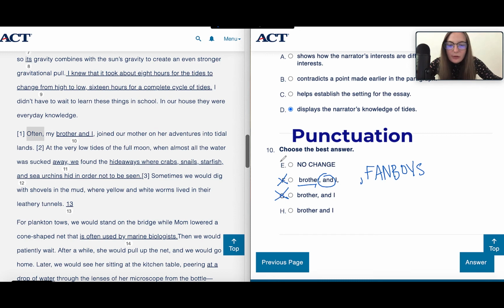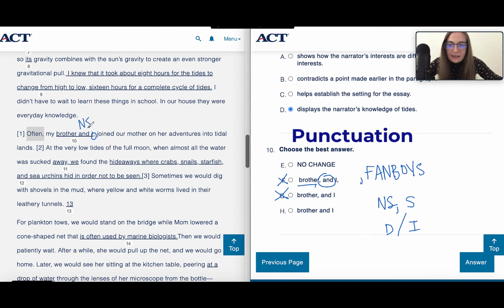So now we're left with either E or H. The reason why we don't want to put a comma, meaning we don't want to pick choice E, we want to pick H, is because the purpose of a single comma is to link one non-sentence with one full sentence. Again, you might have heard of this called a dependent and an independent clause. So my brother and I, that's not going to work.